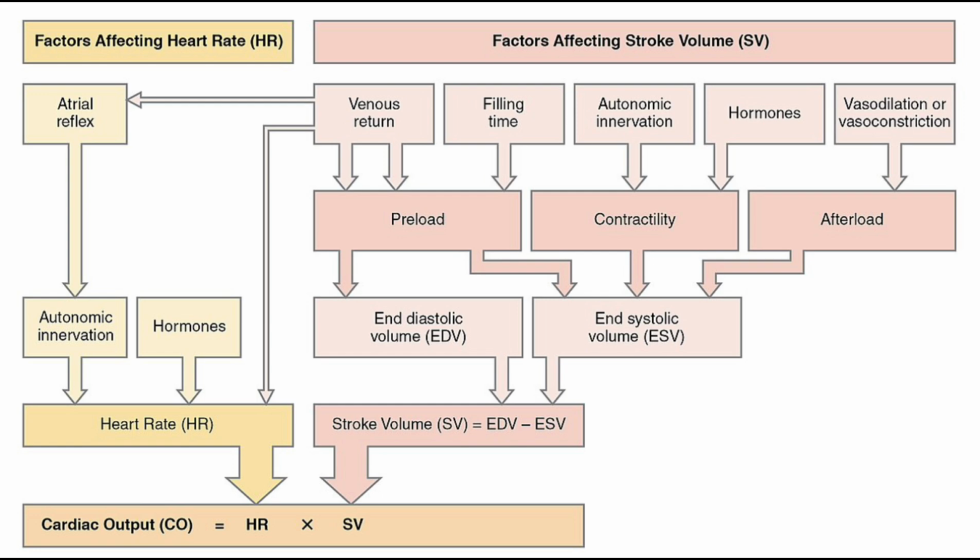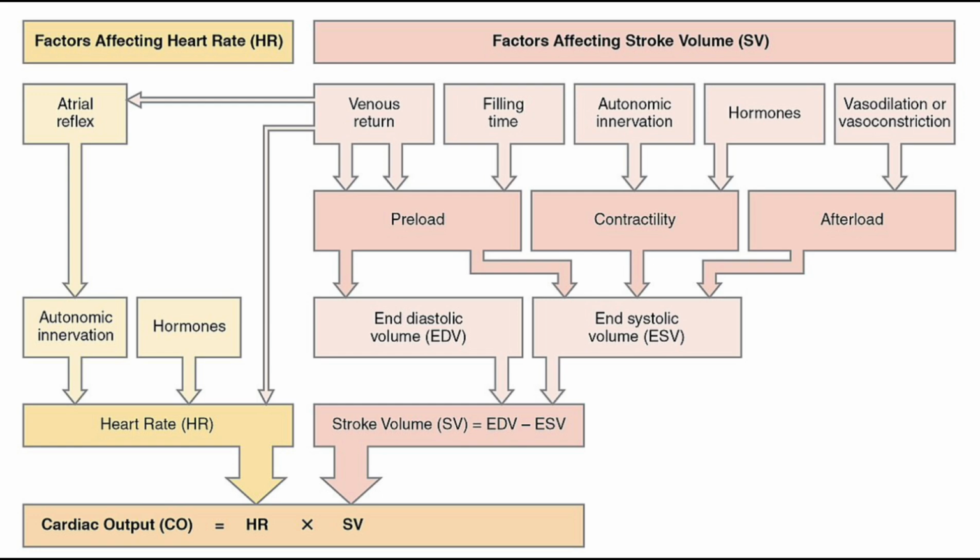We know that preload is the stretching of the heart muscle before contraction, where there is more venous return or filling time is longer, and it increases the end diastolic volume, which increases the stroke volume. But preload decreases if hormones like thyroid, or calcium are lower, or if the body temperature drops, or if there is hypoxia or acid base imbalance. It reduces the end diastolic volume and lowers the stroke volume.